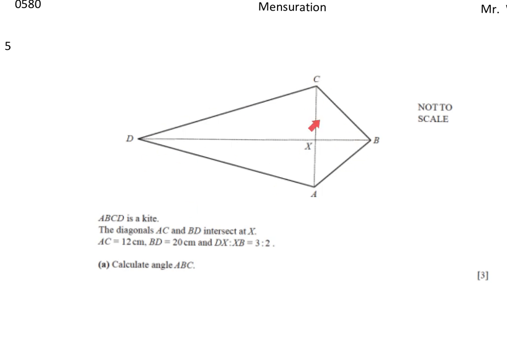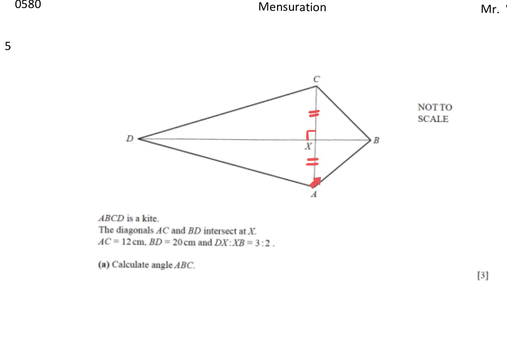Number 5, ABCD is a kite. In the kite, the diagonals are perpendicular. And this diagonal bisects AC, so this distance equals that one. You should know that. The kite has one line of symmetry, so this triangle is congruent to that one, and this angle equals that one.